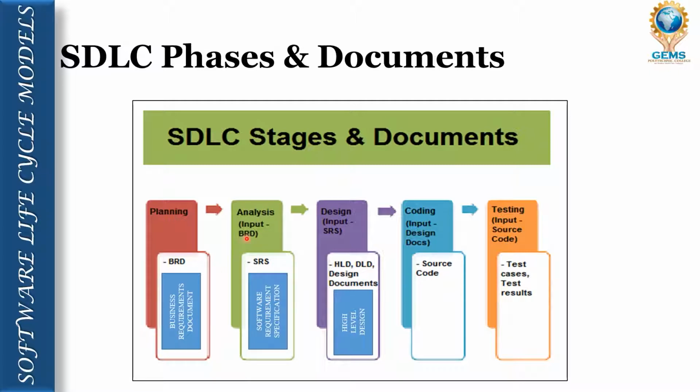So this becomes the input for the analysis, and during the analysis we are going to prepare another document called SRS. The full form of SRS is software requirement specification. So the input of the analysis phase is BRD and the output of the analysis phase is SRS. So this is the second stage, analysis.